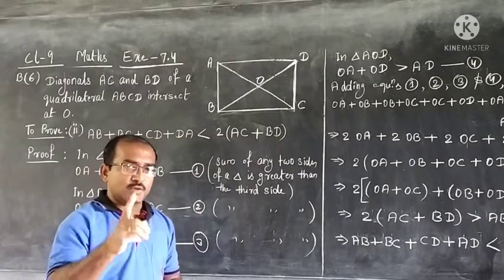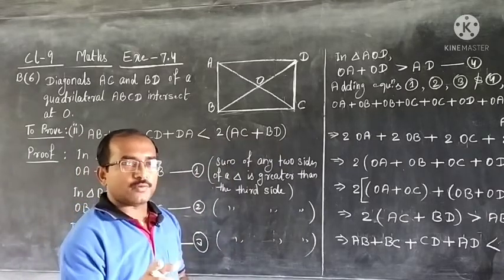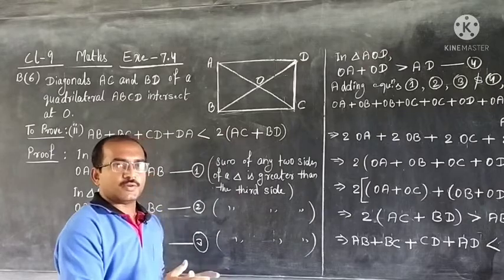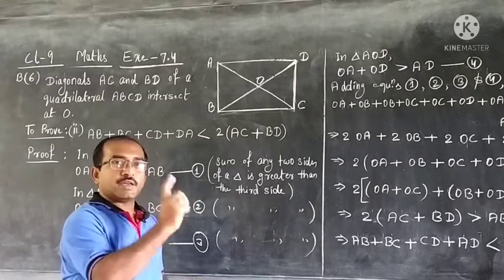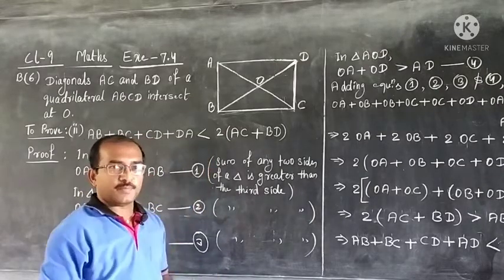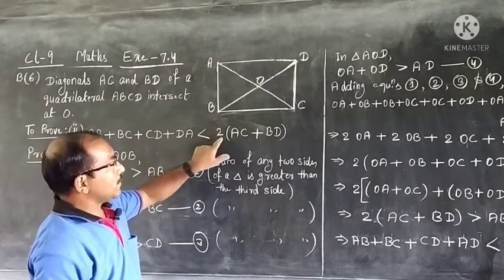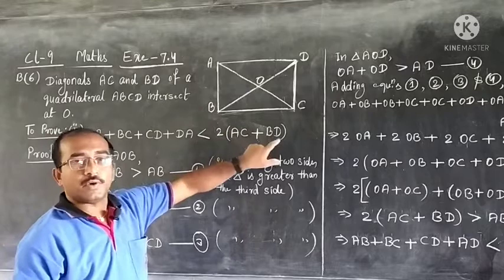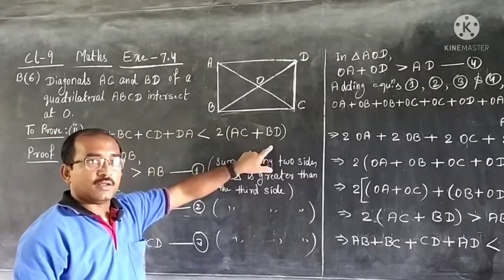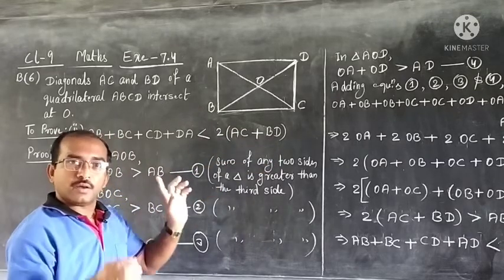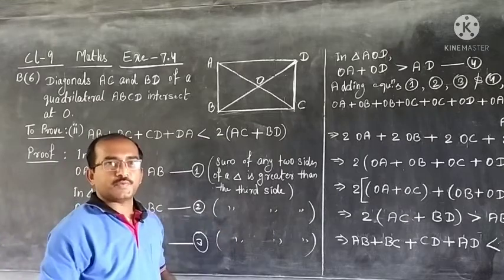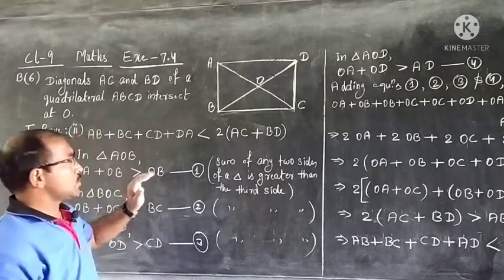In the last question, in part one of this, we proved that the sum of the four sides of the quadrilateral is greater than the sum of its diagonals. But now we are going to prove that if we double the sum of the diagonals, then the four sides will be smaller. I hope you have understood the question.